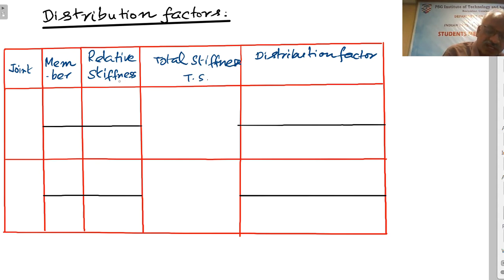Relative stiffness we will call RS. Distribution factor DF equals the relative stiffness divided by the total stiffness. So this is a standard tabulation for all problems. This can be used. Now coming to the problem.